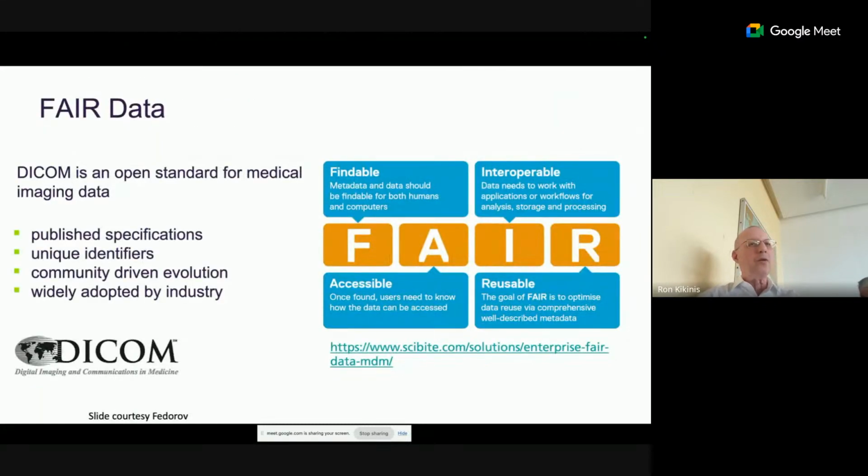And so you want to have data that is openly accessible, that is organized in such a way that you can read the data, search for particular features so that you can build cohorts. And the data should be interoperable, so if you have different collections, there should be a way to use them together. And finally, it should be reusable.